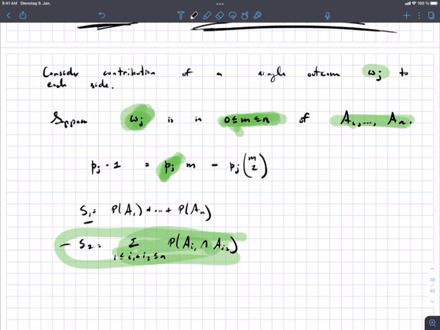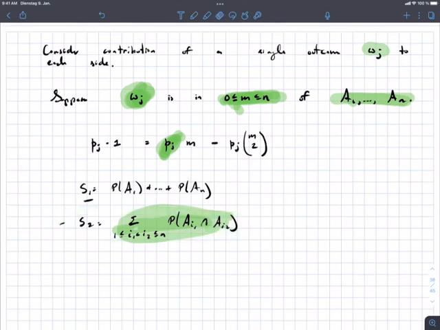Well, and I'm subtracting S2. Okay, so we'll get into some counting rules later on, but there are this many ways to choose 2 of the m.